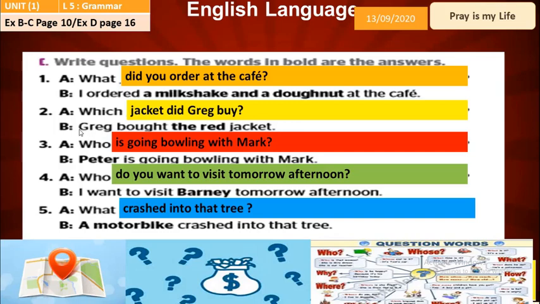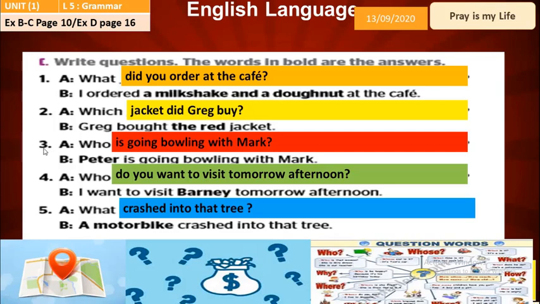The second question is asking about the red jacket that Greg bought. Also, it is an object. Again, we need the question form, and the question will be, which jacket did Greg buy?